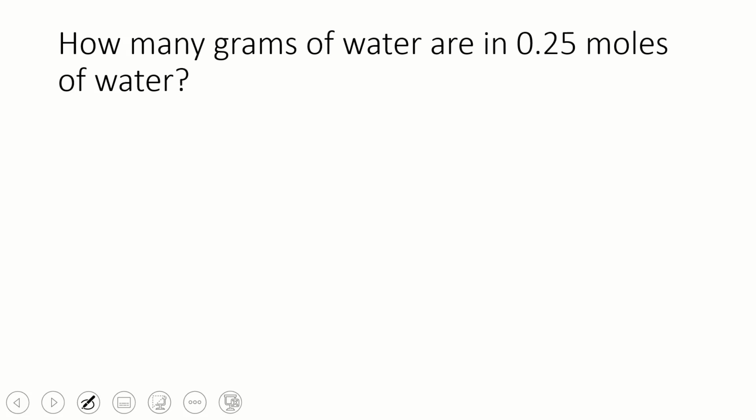This question asks, how many grams of water are in 0.25 moles of water? You may have no idea what a mole is at this point, and that's okay. If I tell you that 1 mole of water is equal to 18.02 grams of water, you could still solve this problem without even knowing what a mole is.